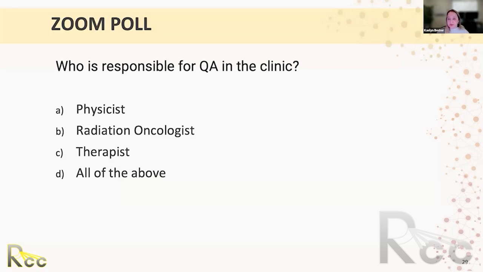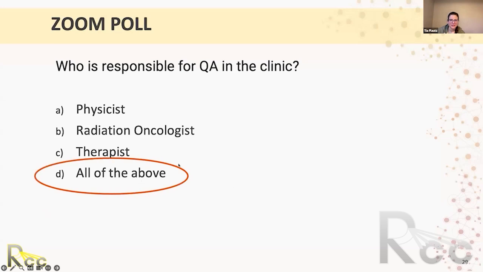All right, here are the results. Most people got it correct. It is D, all of the above. So remember, we talked about safety culture, and everybody in the clinic needs to be mobilized. Everyone needs to know their role, and everybody participates in quality assurance of our work processes.